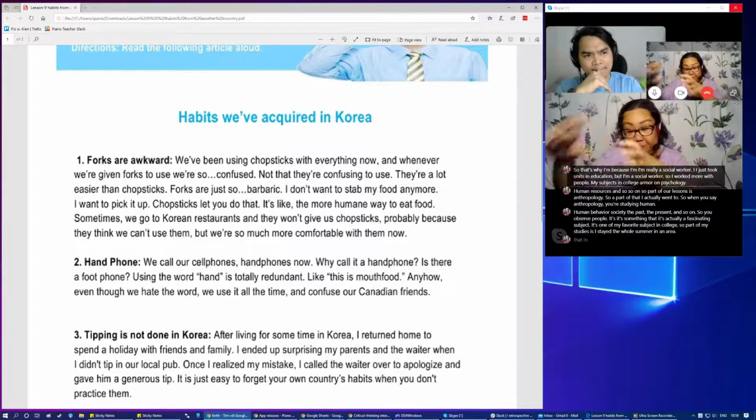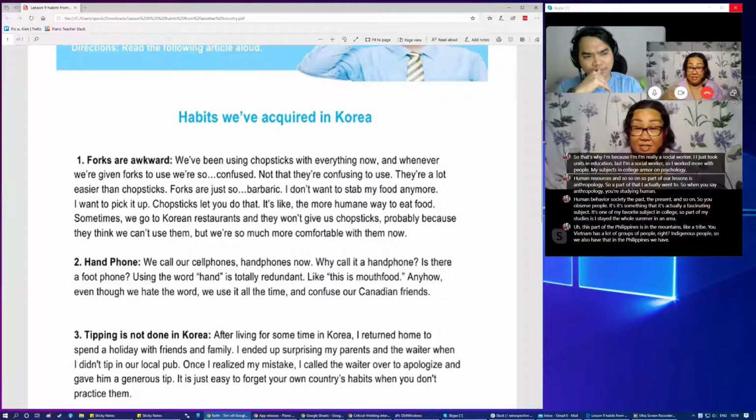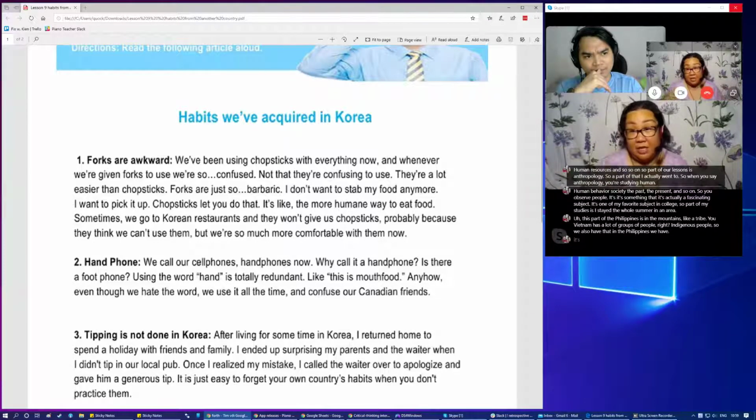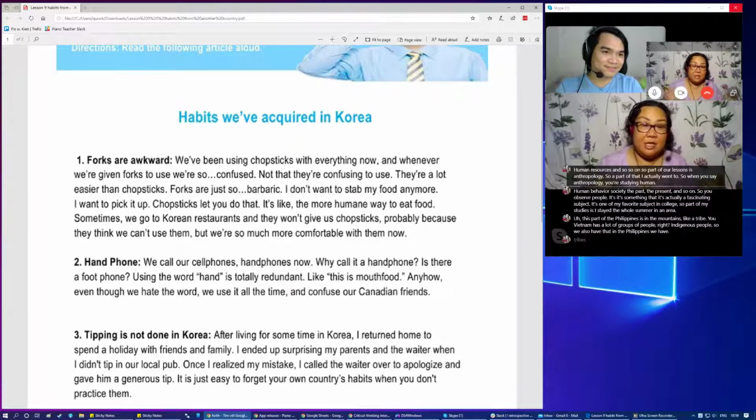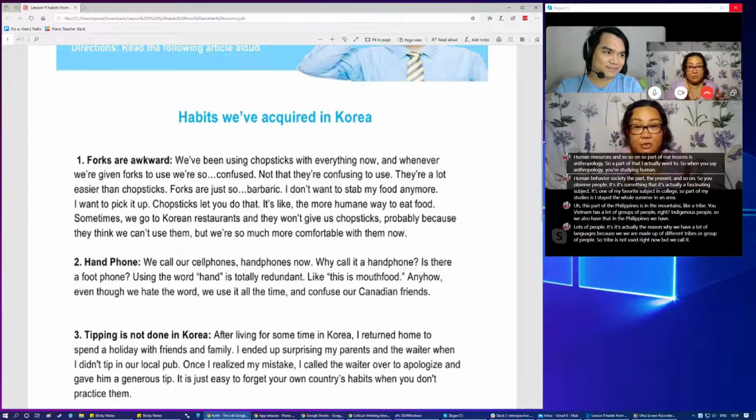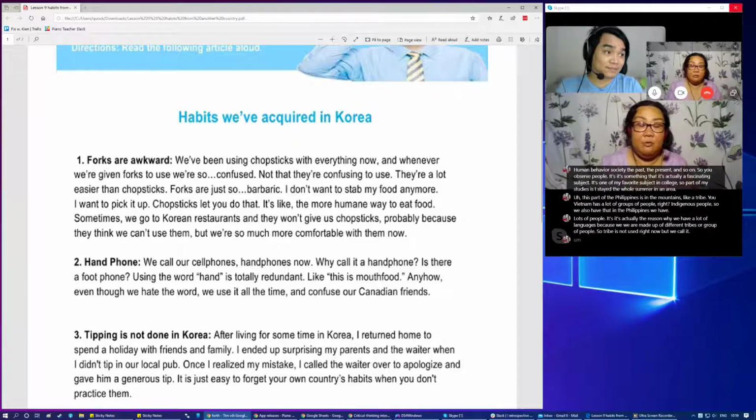We have lots of people. It's actually the reason why we have a lot of languages, because we're made up of different tribes or groups of people. Tribe is not used right now, but we call it indigenous group. So I went to this high mountain.